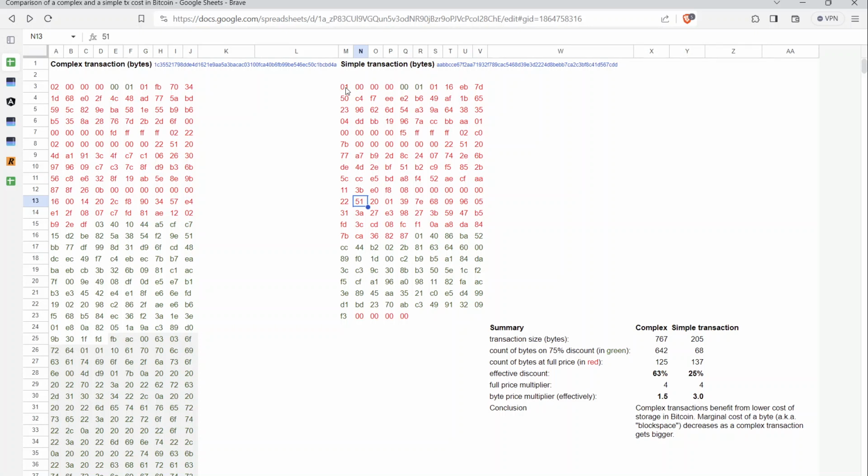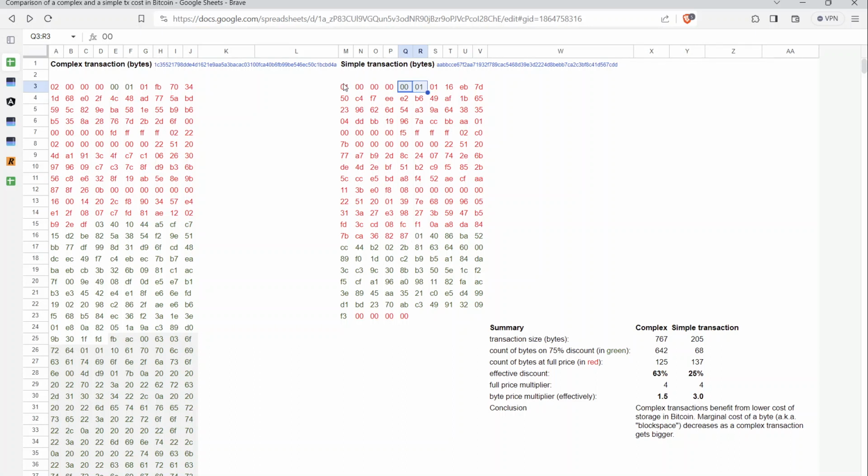The distinction is that I put the red color here to show which bytes are required to pay full price, and which bytes are privileged and are just discounted.